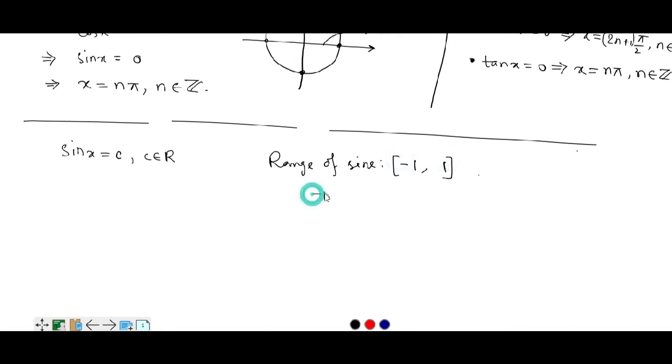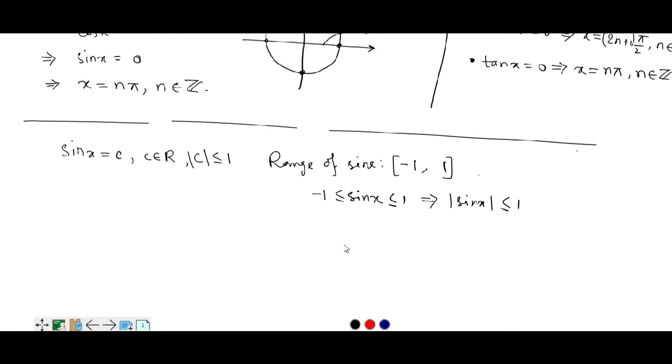That means we have this inequality: -1 less than or equal to sin x less than or equal to 1. Whatever values we take for sin x must be within this range. Sometimes we write this as mod of sin x is less than or equal to 1. So we should have mod of c less than or equal to 1. With this condition the equation is valid.